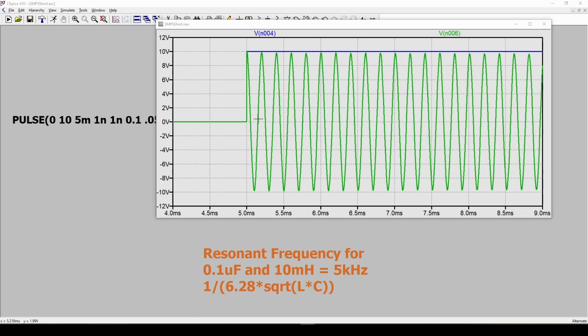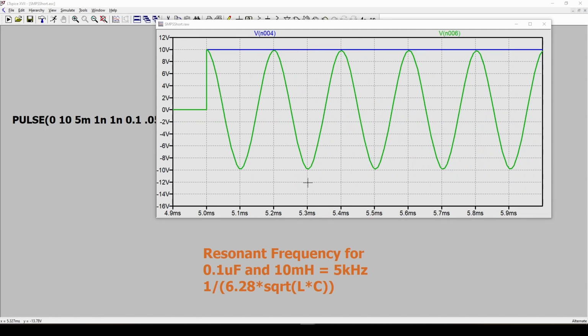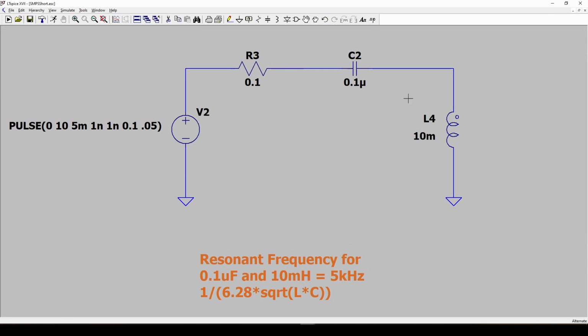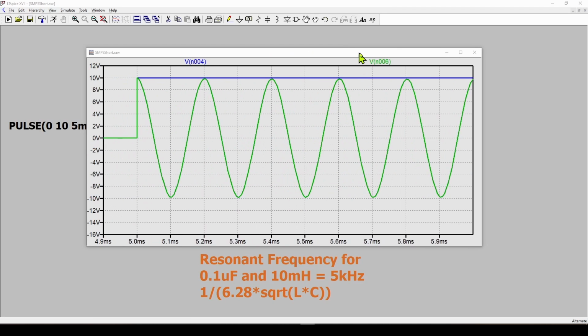And we can zoom in and measure one period of this waveform. And if you look at the bottom, it says 4.96 kilohertz. So it's right on 5 kilohertz. So basically, you can determine a relative amount of resistance in the circuit by measuring the peaks.